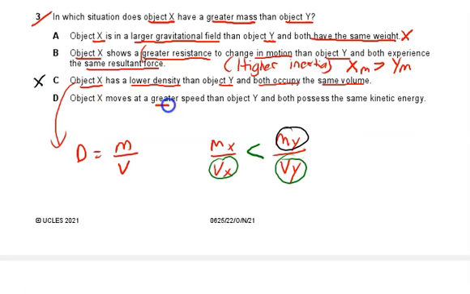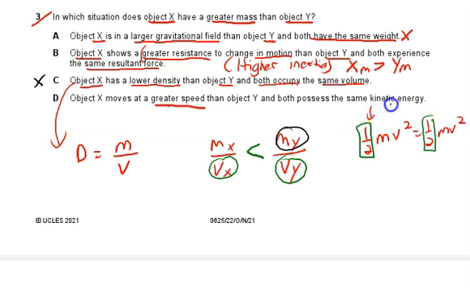Object X moves at a greater speed than object Y, and both possess the same kinetic energy. So when you have this same kinetic energy, for example, let us just elaborate this. We can cancel off this 1 over 2.